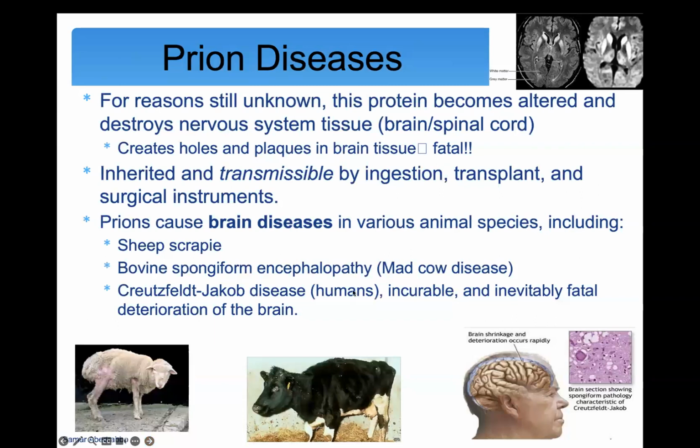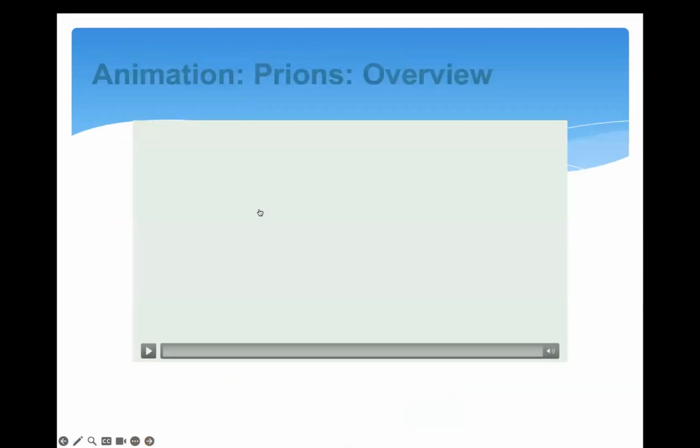The most common one is mad cow disease, which is bovine spongiform encephalopathy, and Creutzfeldt-Jakob disease. So again, prion disease demonstrates how misfolded proteins are very bad and they can be transmissible. And here's a good video of it.